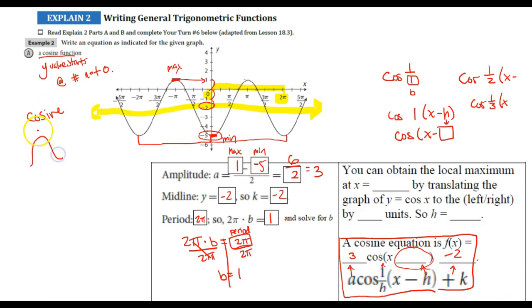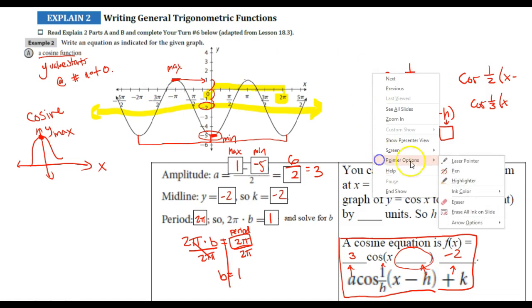So whenever we see a cosine function, let's say that's my y value, my x value. I know this is not the best picture, but usually my cosine function will start at a max value. Here you'll notice it starts at a low point. So really, my starting points are actually going to be right here, which I'll draw in a different color, so that way you can kind of distinguish.